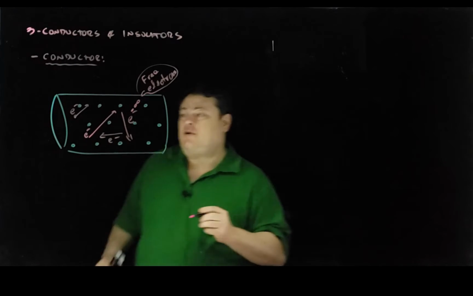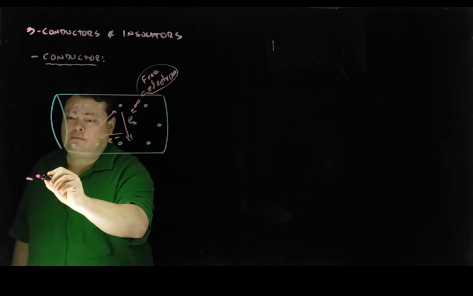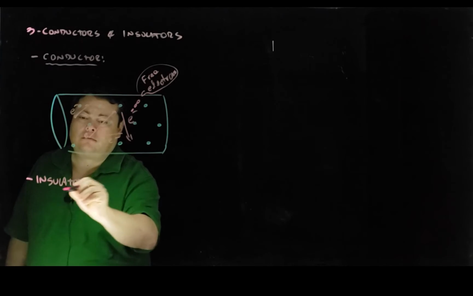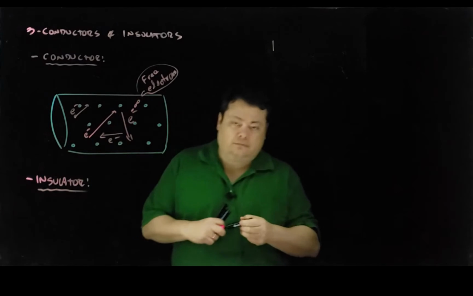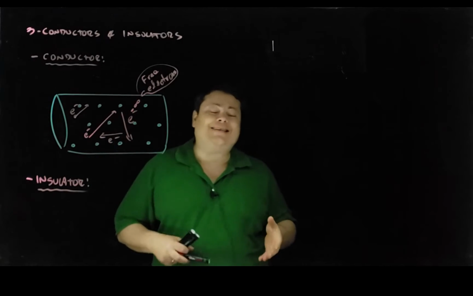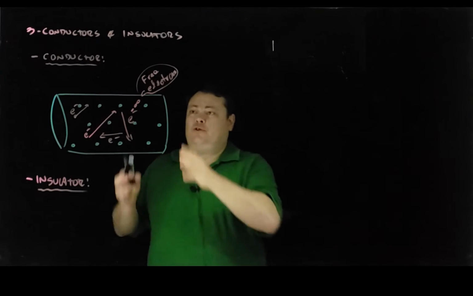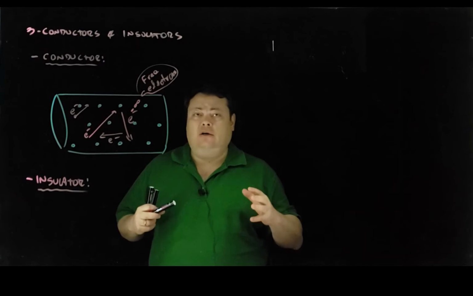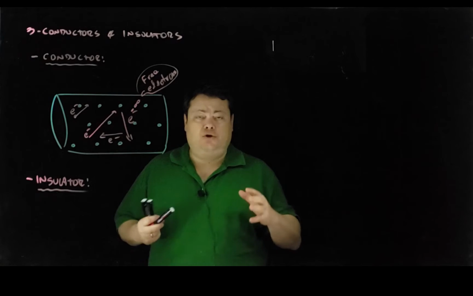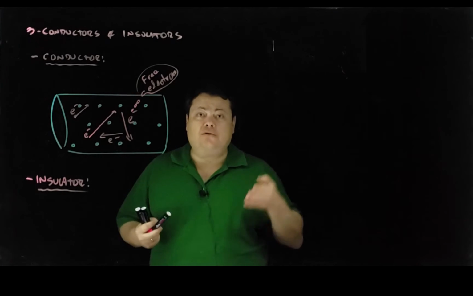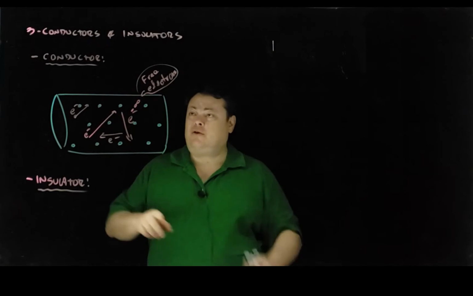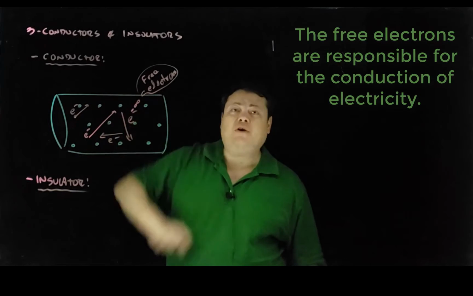Now, insulator. Insulators are exactly the opposite situation of the conductor. The electrons of the outermost shell are strongly connected to their nucleus. You can still give some energy and pop them out, but you do not find free electrons moving around in insulators.